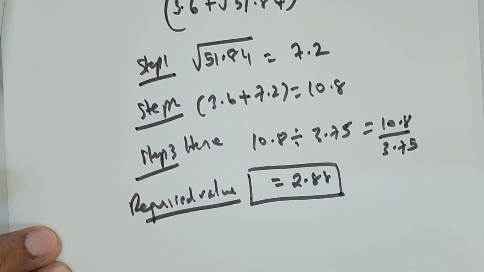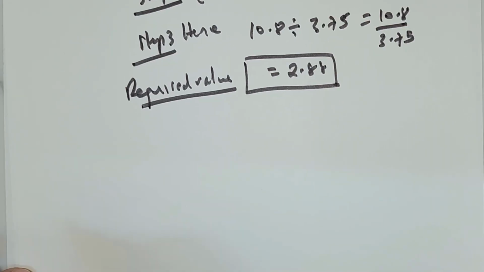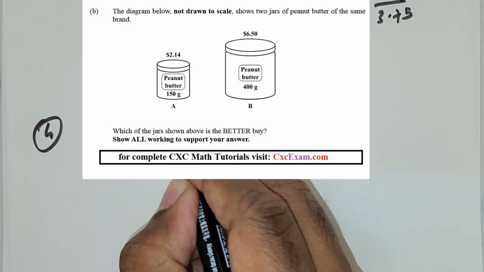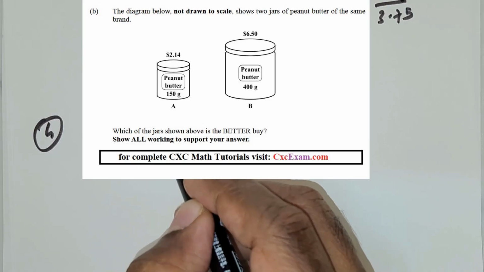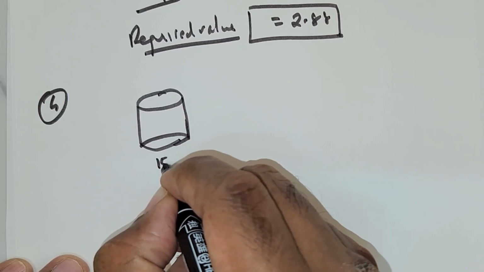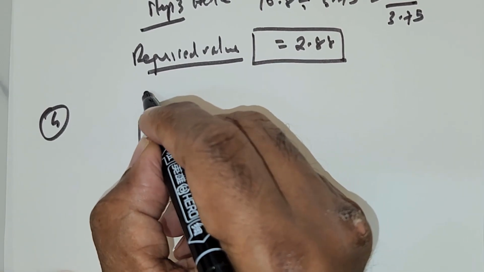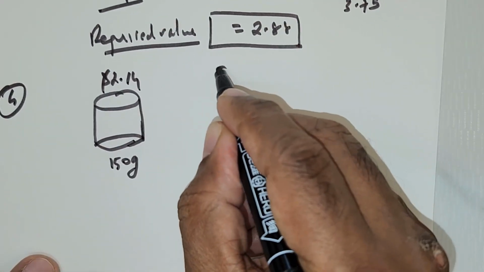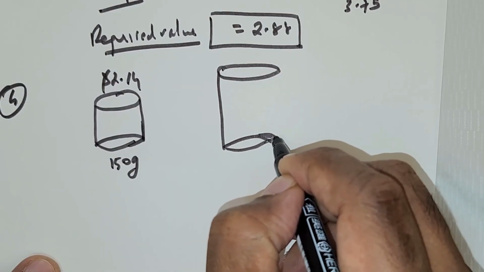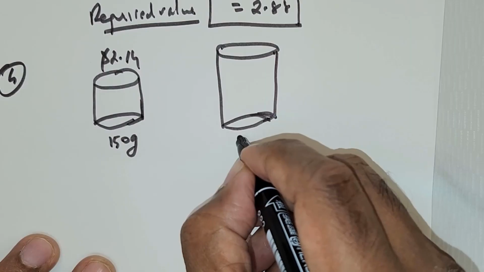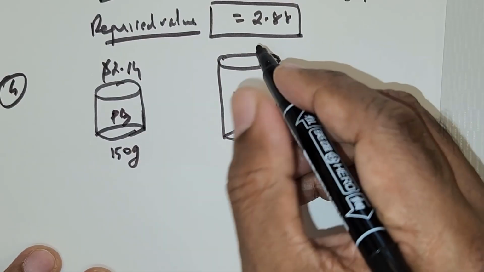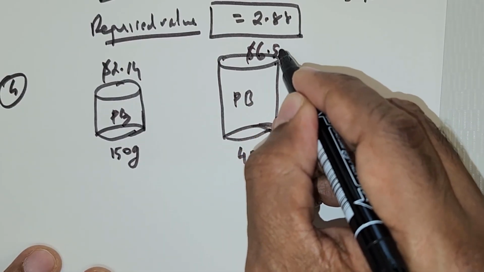So let's move to the next part of this question. Now this is the next question, part B. We have peanut butter, 150 g, being sold for $2.14, and you have another one, 400 g, being sold for $6.50.